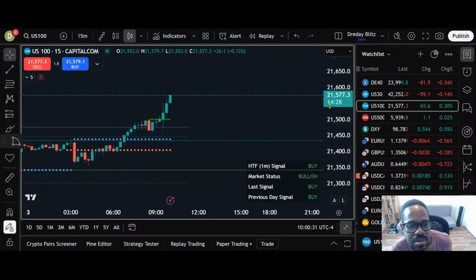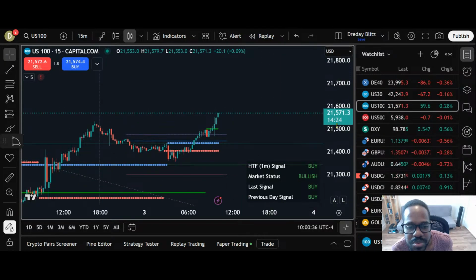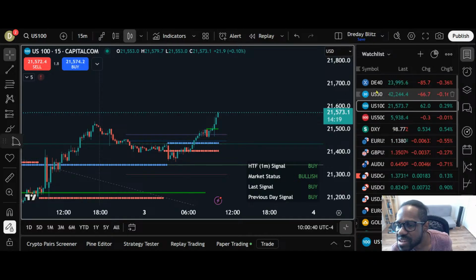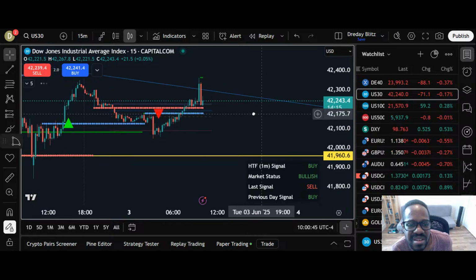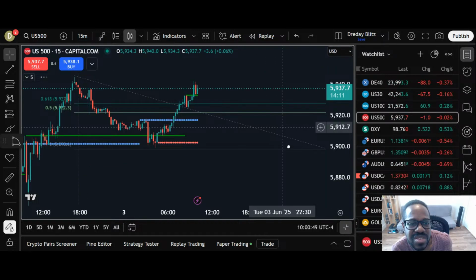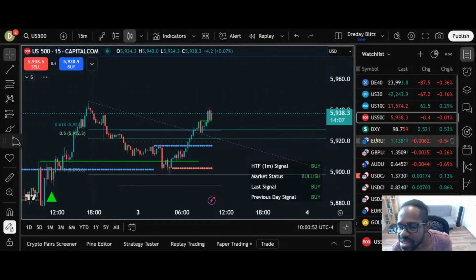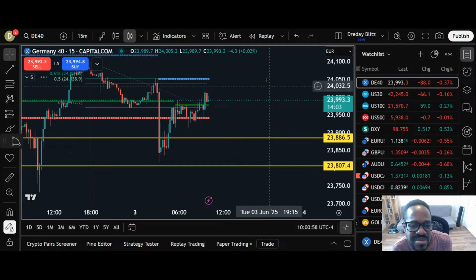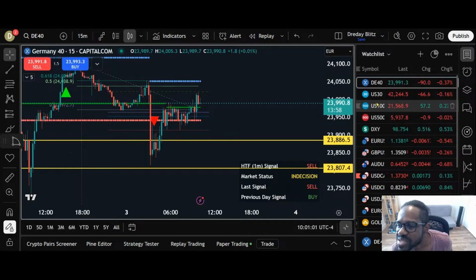That means that market should be going up here. So we may have a continuation in the upside. On NASDAQ, S&P 500, let's see. Yeah, and German, indecision.